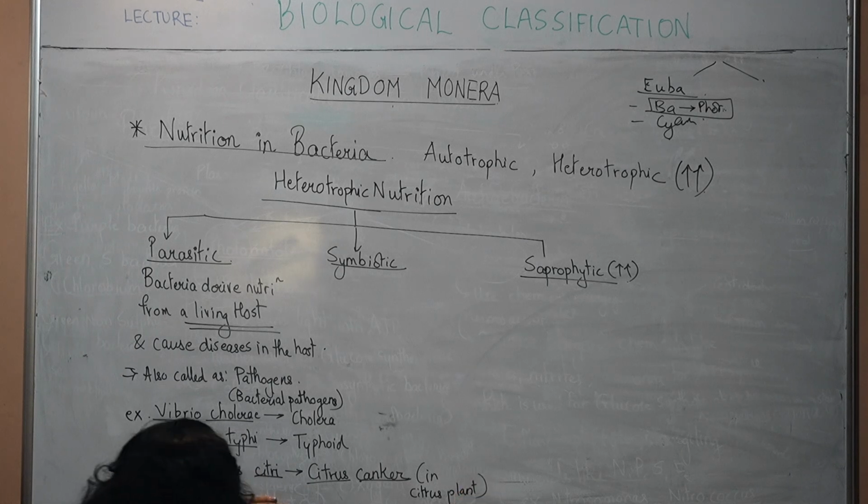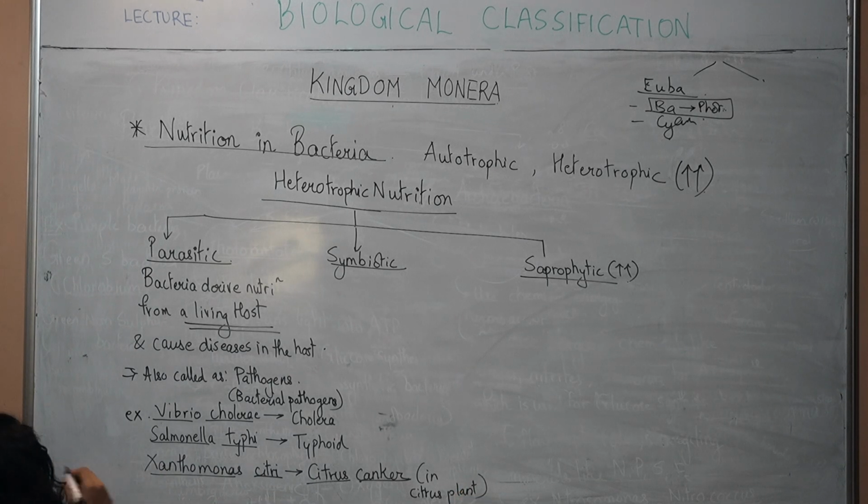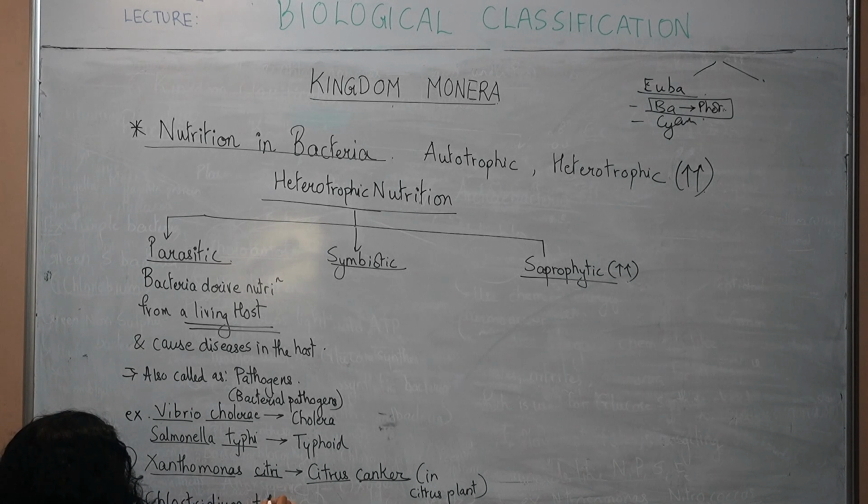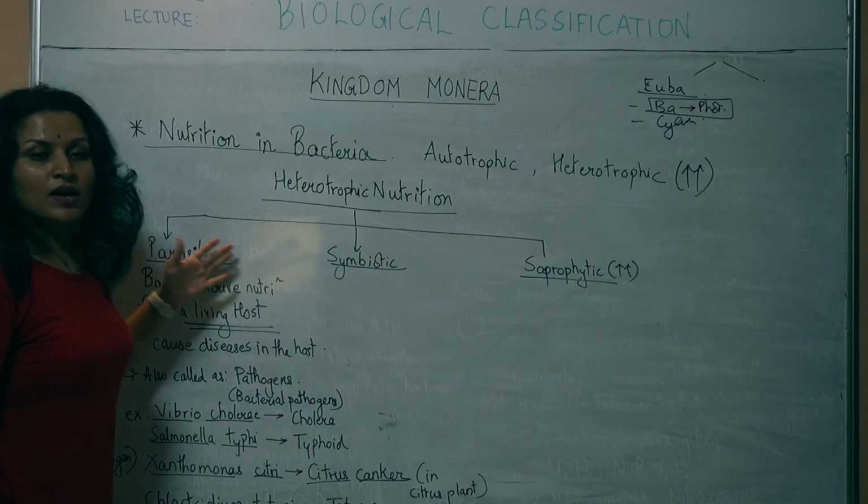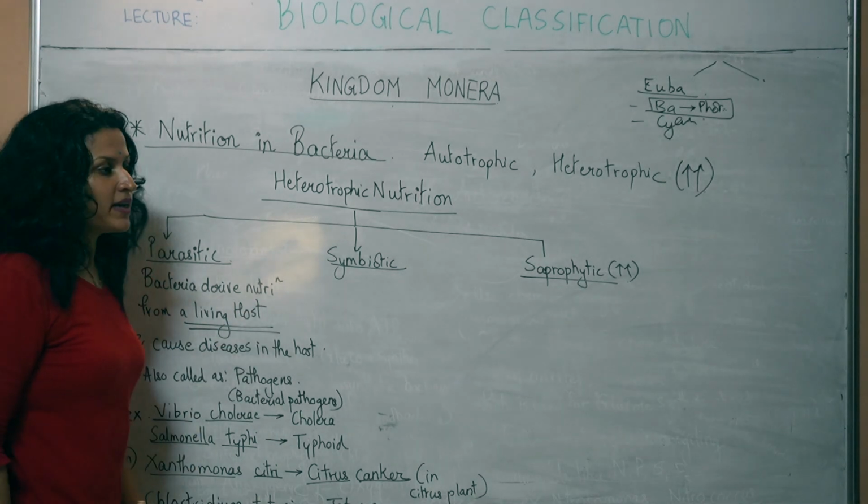This is a plant pathogen. Okay, write this down, plant pathogen. Then Clostridium tetani causes the disease tetanus. Right, so that is about parasitic nutrition in bacteria.